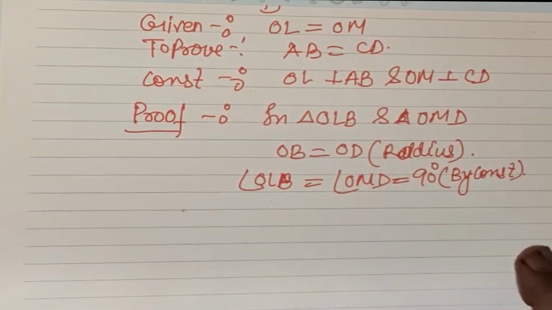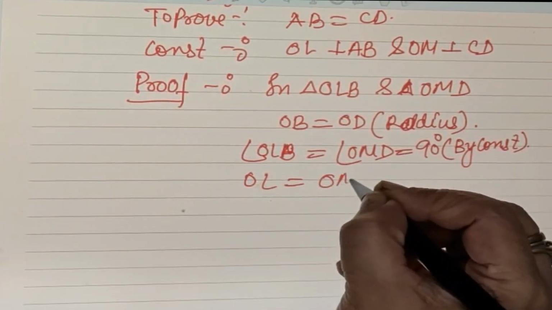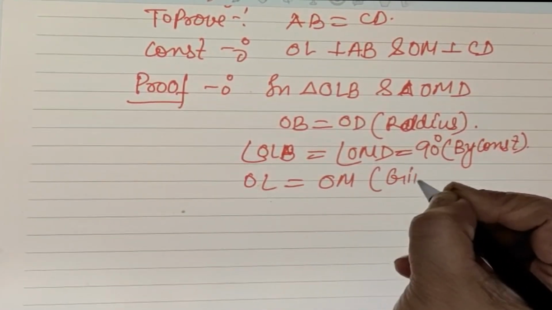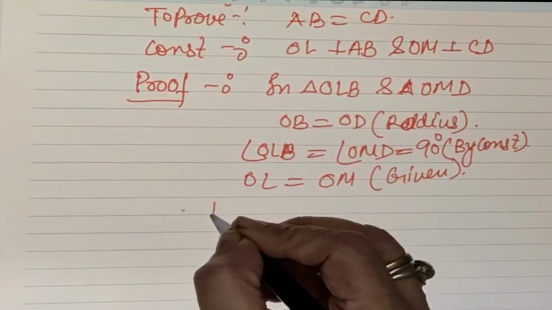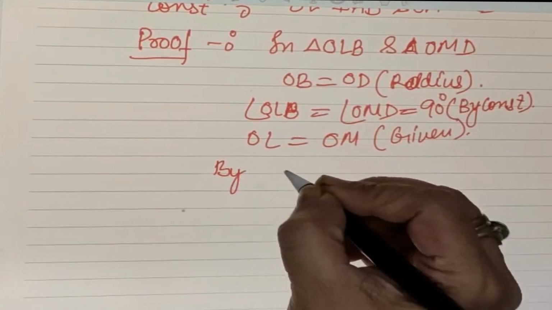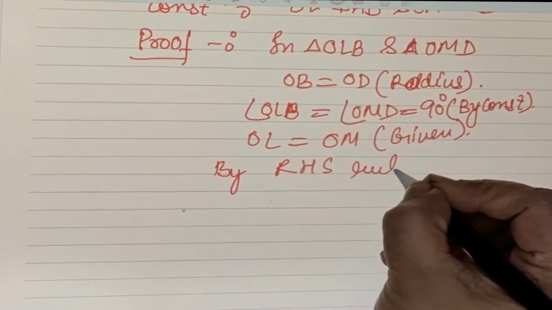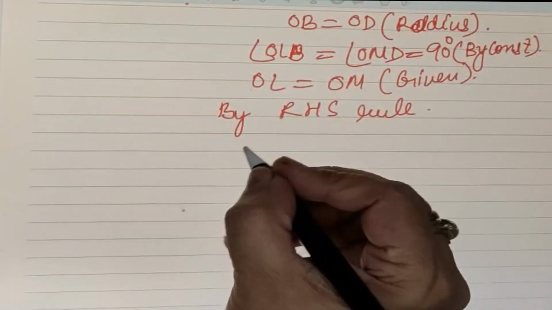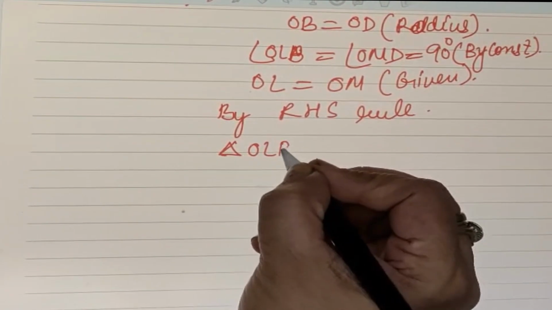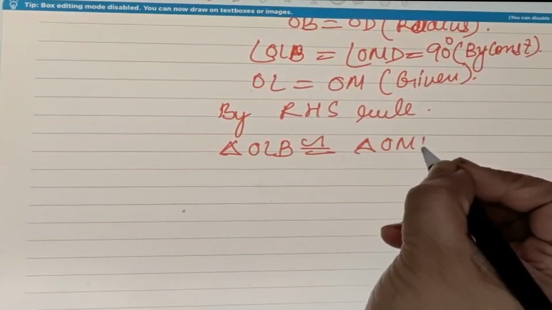Third thing, OL is equal to OM, which is given. Again, by RHS rule, triangle OLB will be congruent to triangle OMD.